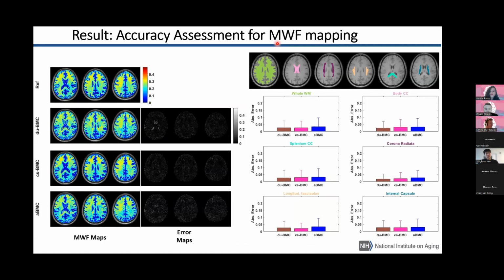Well, honestly, I don't have a clear answer as of right now. But we never really saw those issues from our myelin water maps. So we'll have to look into those. It's an issue that I'm not quite aware of, so I don't have a clear answer to it just yet.